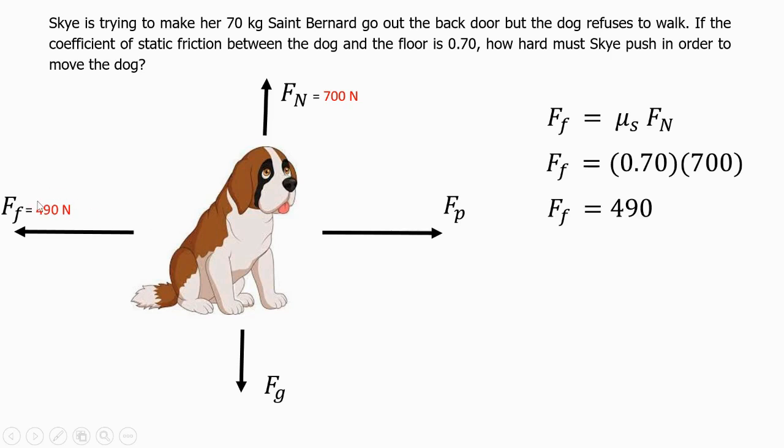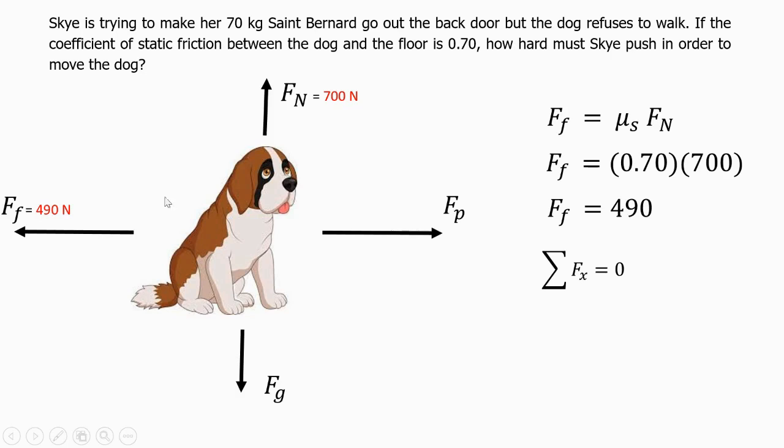We haven't answered the question yet, because the question asked, how hard must Skye push? We want to know how hard she's going to have to push this dog to overcome that friction force. To do that, we look at the horizontal forces. She's going to push harder and harder, and finally the dog's going to accelerate. We're going to find out how hard she had to push right before it started to accelerate.